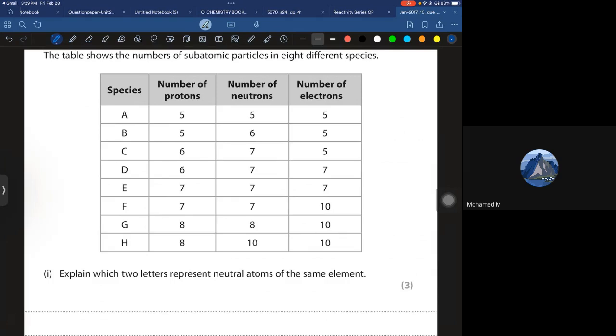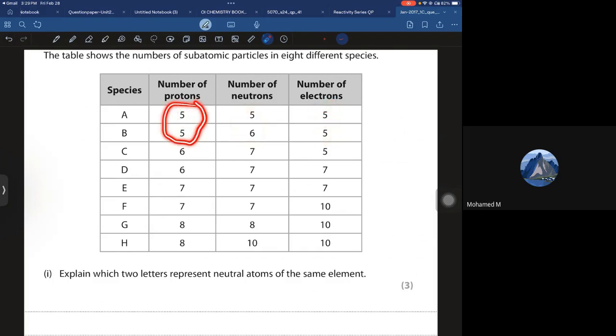If you can see A and B, you can see the same number of protons, the same number of electrons, but a different number of neutrons.